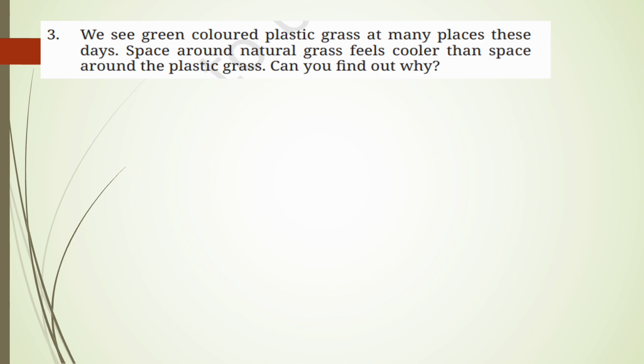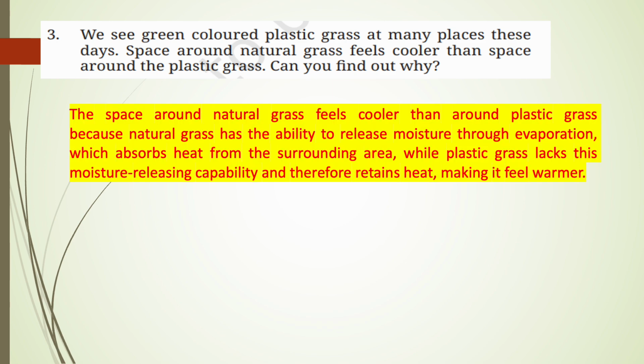The reason is that natural grass has the ability to release moisture through evaporation, which absorbs heat from the surrounding area, while plastic grass lacks this moisture releasing capability and therefore retains heat, making it feel warmer.